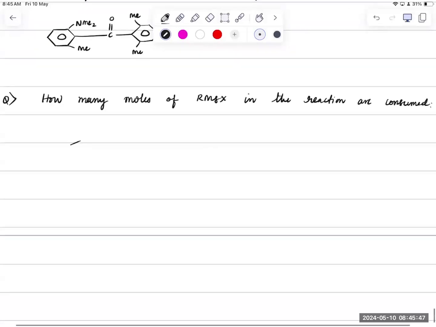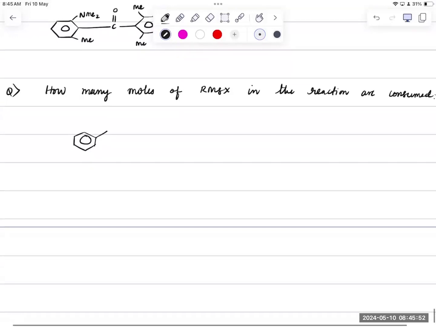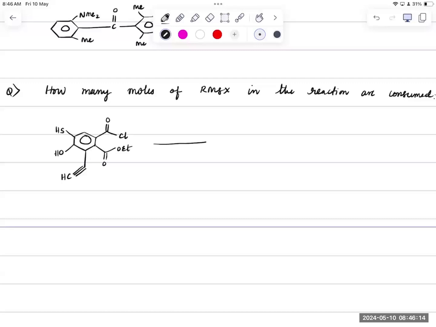The reactant given is like this: we have benzene here, and then we have double bond O, Cl, and we have double bond O, OEt, like this. Then I have OH here, SH here, and then we have a triple bond CH here, like this. And some X moles of RMgX have been treated. Clear?